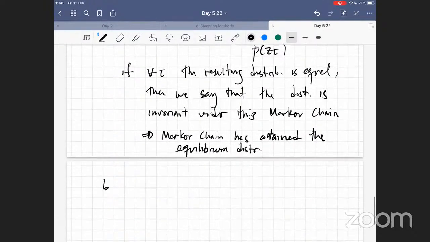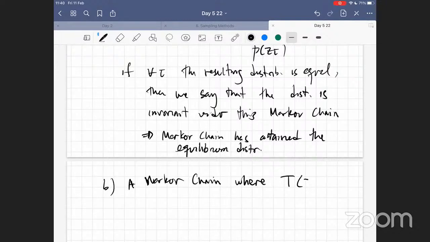There is another property here, which is that a Markov chain, where imagine that now all the transition probabilities are equal for all tau, is said to be homogeneous.